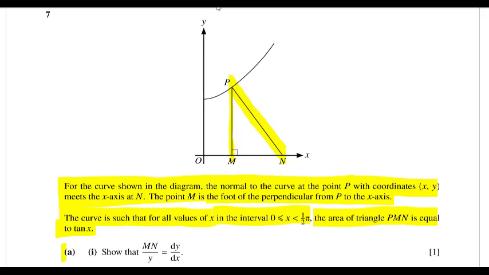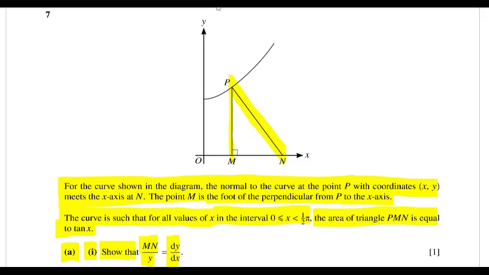So first part is we need to show that MN over y equals dy over dx, and it is of 1 mark. So we have to just think definition-wise, what is the definition of it, we will check the knowledge behind it.